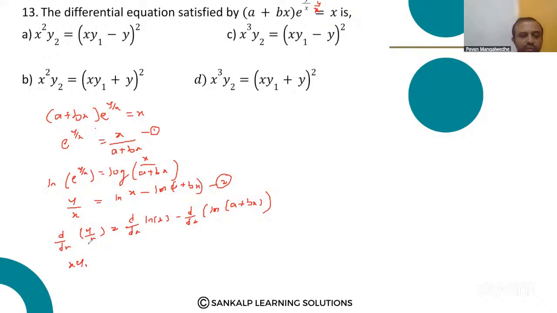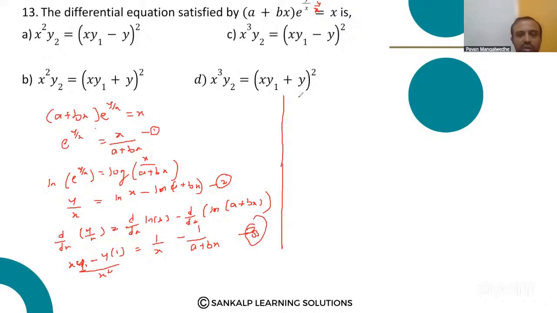Use the differentiation, that is quotient rule, on the LHS. So x y1 minus y into 1 by x square. So this is 1 by x, derivative of log x is 1 by x, minus 1 by a plus bx. So further on solving this, call this as equation number 3.